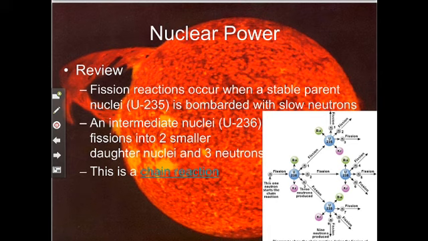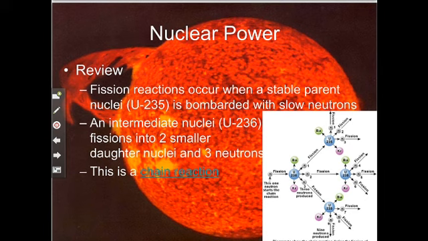We call them slow neutrons because they have to move slowly. If they're moving too fast, then the reaction will not occur. It won't hit the uranium. It won't break it apart. So they have to actually be moving kind of slowly, and that's part of why they're done in water. It actually slows the neutrons down so that the reaction can occur.